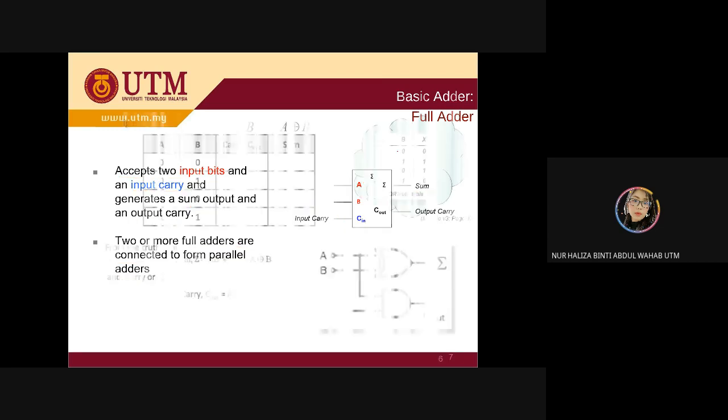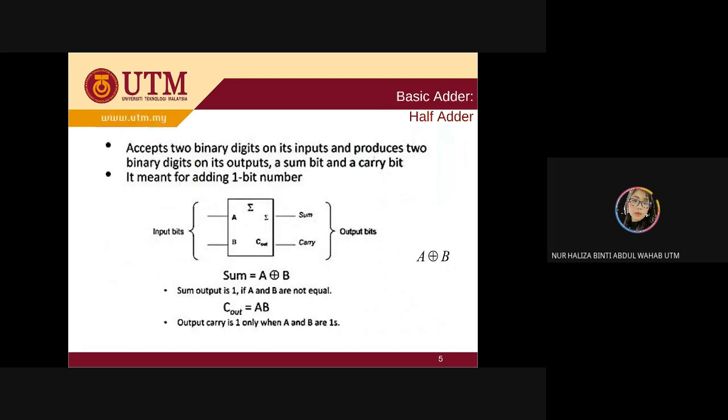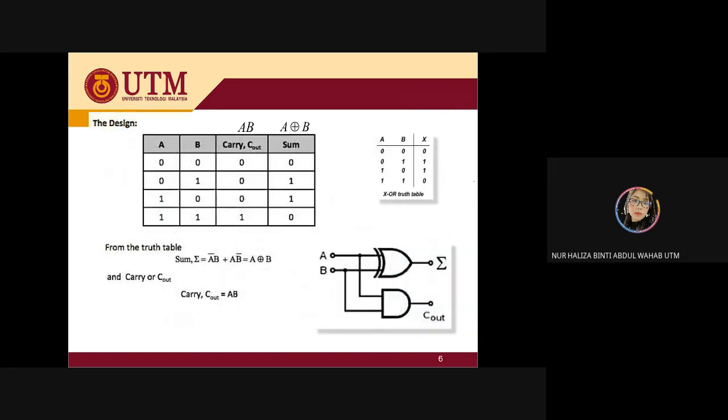Similar to your half adder here, you need to remember how the block looks like. Not only the block, you need to know what is the Boolean expression for your sum, what is the condition for your C out, and what is the gate combinations logic circuit for the half adder, similar to your truth table there.